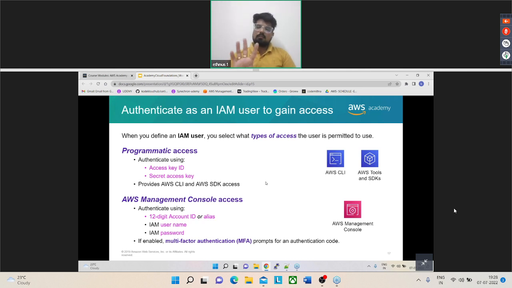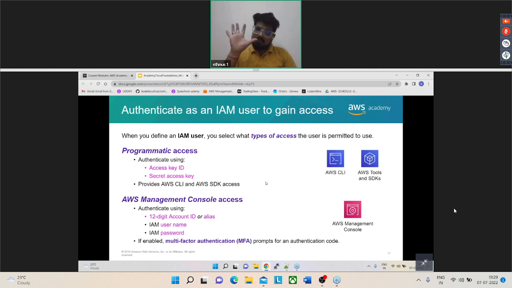The main thing you have to remember here is that for logging into any IAM user account, there are two types. Either you can log in through programmatic access, or through AWS Management Console access. And if there is any user to whom I want to give both, I can, based on the job role and the requirement.